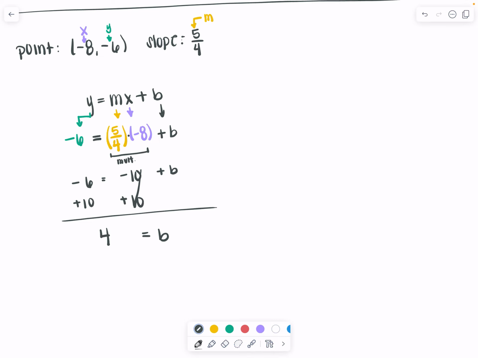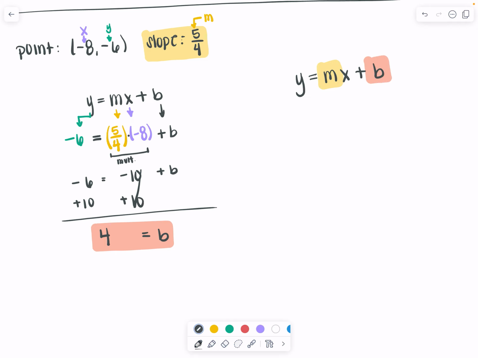Now I can rewrite all of this as y equals mx plus b. Well, m, let's get some colors. m is 5/4. So where there was an m, I can replace it with 5/4, and b is 4.